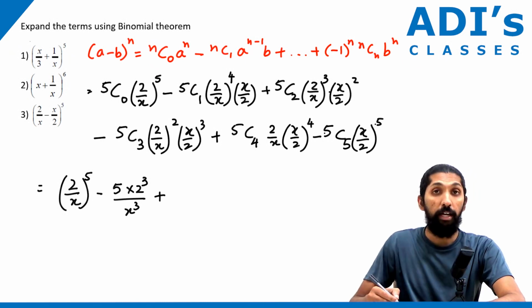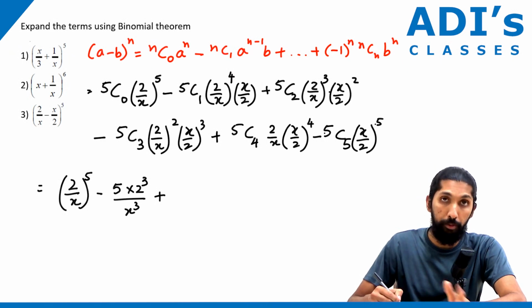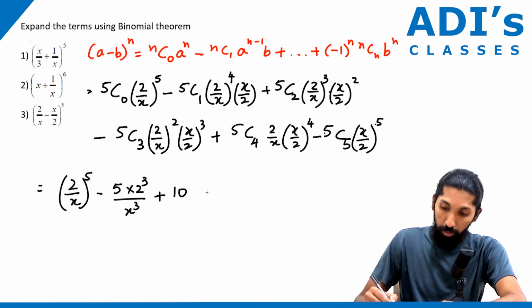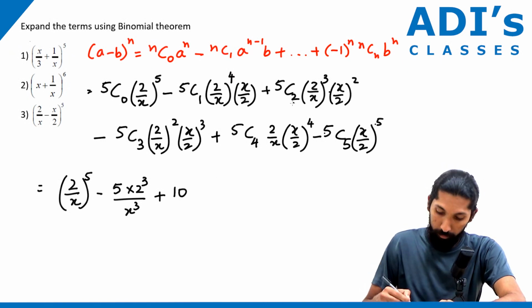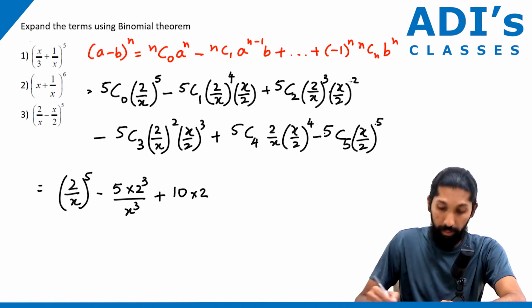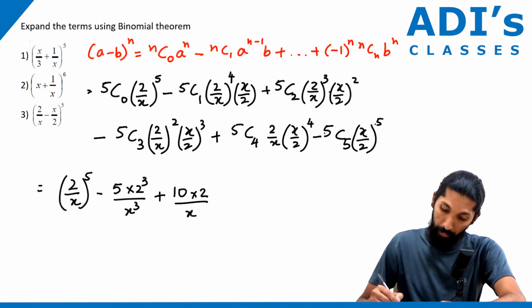Plus 5c2. 5c2 is going to give us 5 into 4 by 2 into 1, which is 10. So 10 into 2 cube by 2 square is 2 into 2. X square by x cube is x. So divided by x. Fair enough?